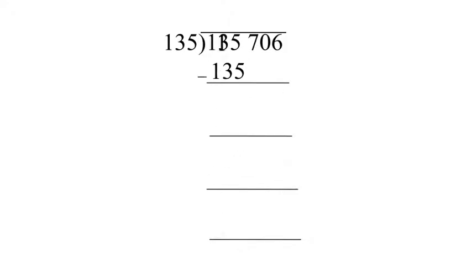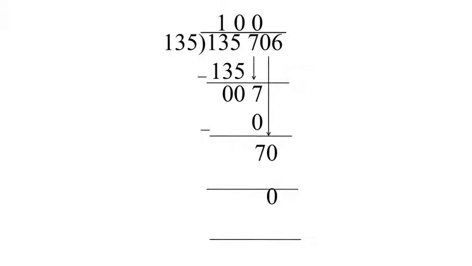Here is another question for you. So 31 is our remainder here, and 1005 is our quotient.